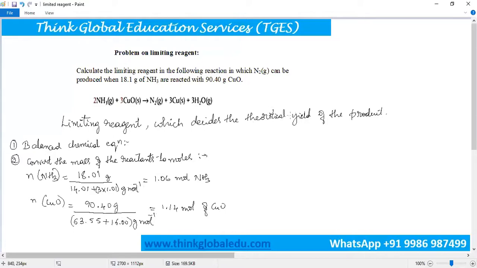The third step is to compare the mole ratios. Compare the mole ratios obtained by the given mass and the theoretical calculations.